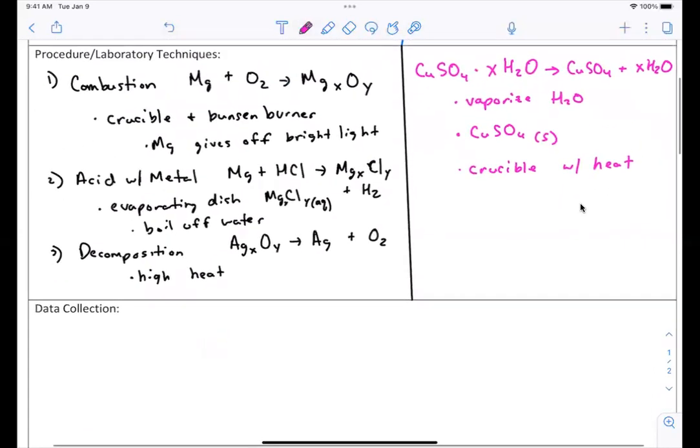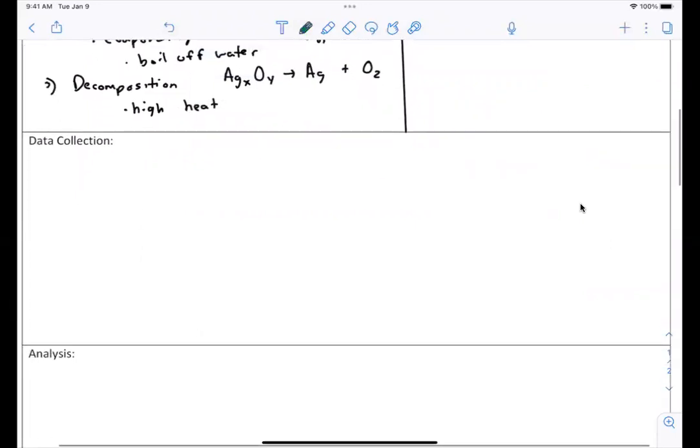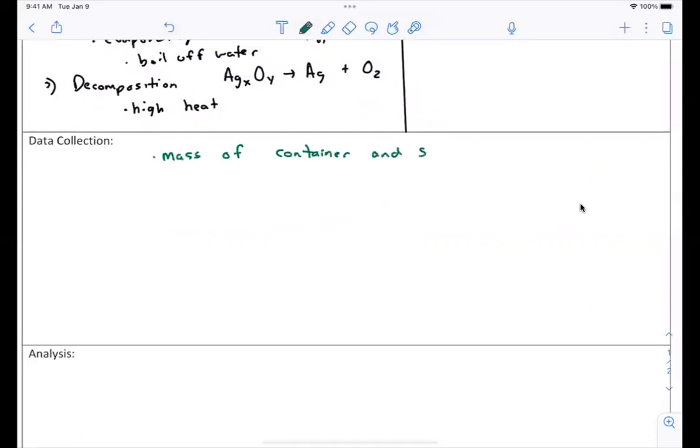Okay. Now, for data collection here, essentially it's what data do we need for this experiment to work? So generally speaking, we have three pieces of data. We have the mass of the container and sample before any reaction.